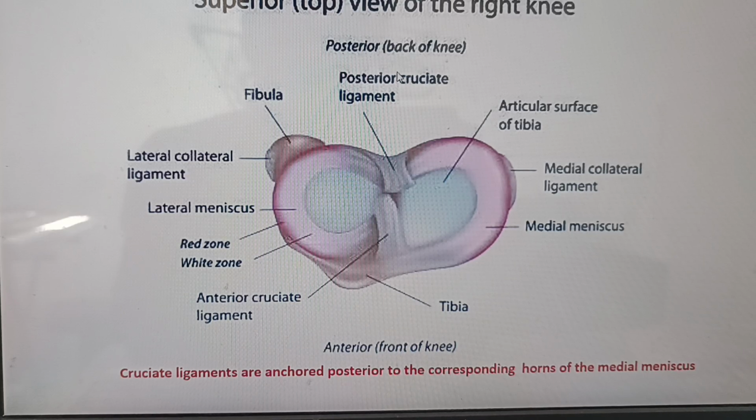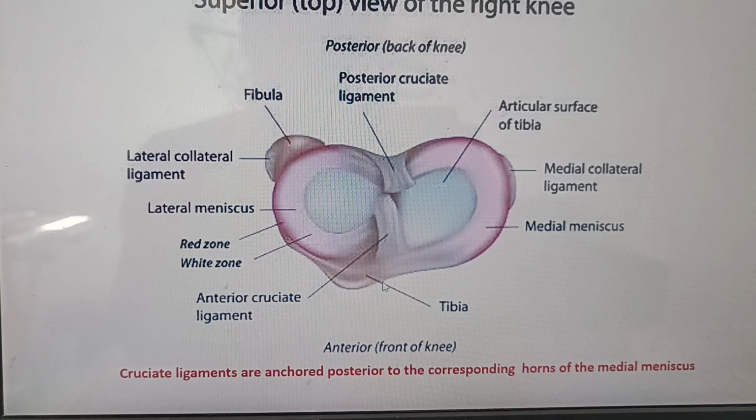That means the posterior cruciate ligament is just behind the posterior horn of the medial meniscus, while the anterior cruciate ligament is just posterior to the anterior horn of the medial meniscus.